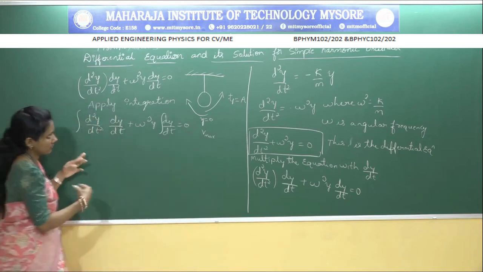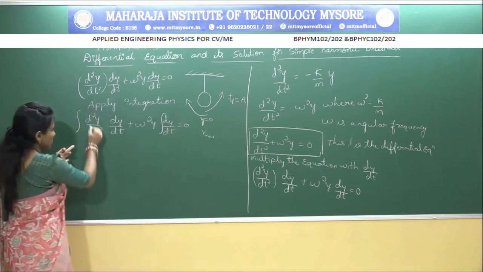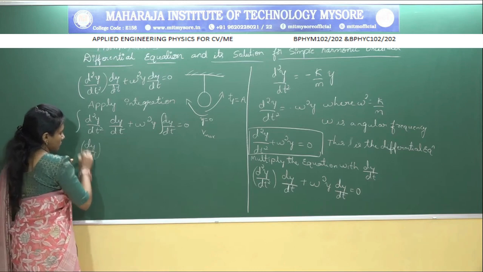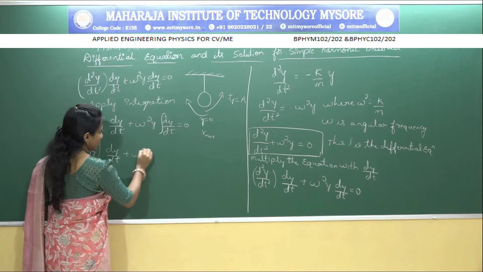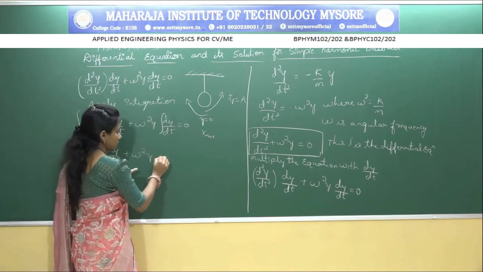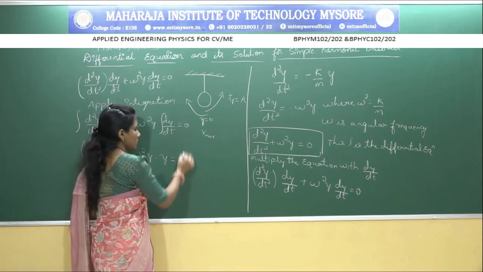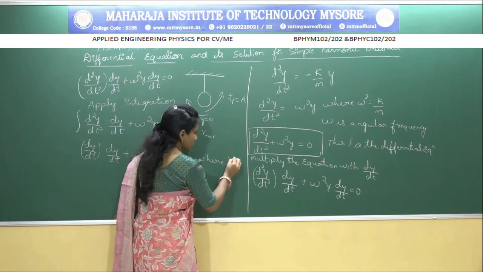The integration of this will give (dy/dt)² plus omega square y², and the integration of the constant term, that is integration of 0, is c, where c is the integration constant.